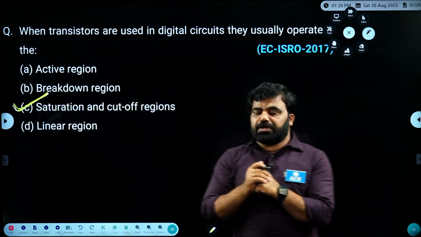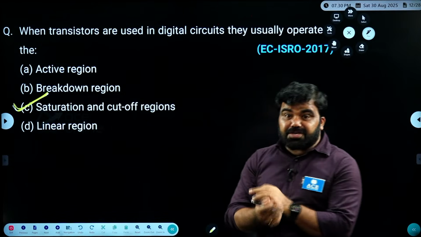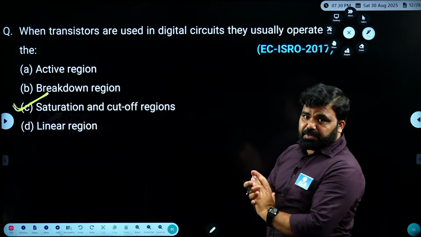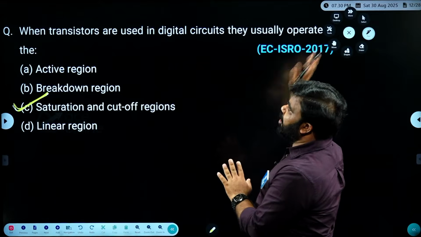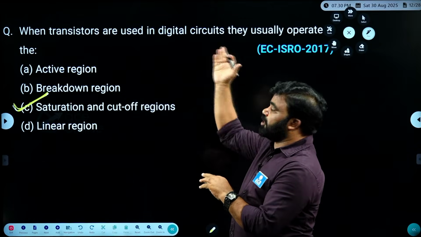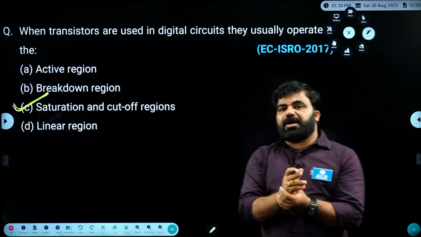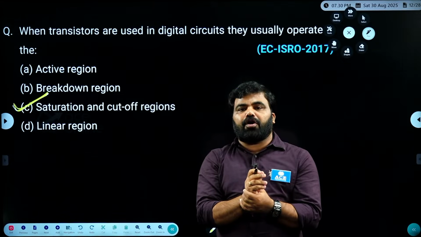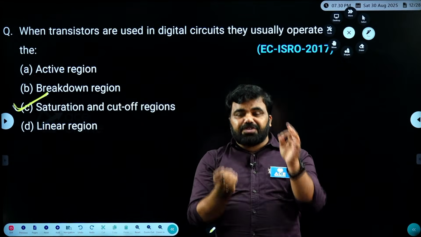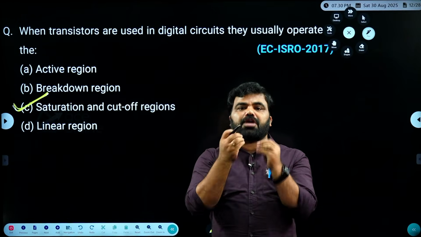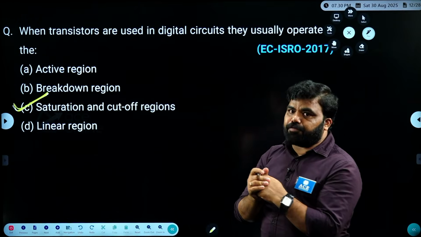And next, when we say CMOS logic family, it is not mentioned which logic family that is. If I say MOSFET, it is a FET, then transistors will be operated either in the cutoff or linear region. In steady state conditions, MOSFETs are going to be either in cutoff or linear region.